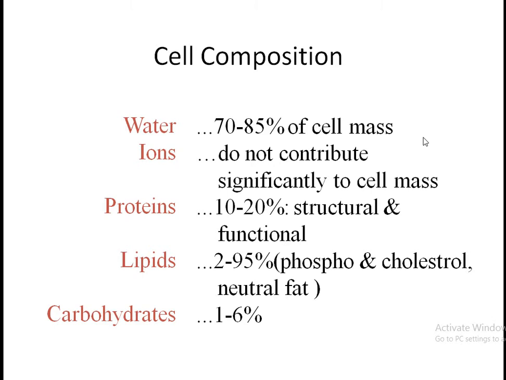The next is the proteins. They constitute 10 to 20% of the cell composition, and they are mainly of two types, structural and functional.